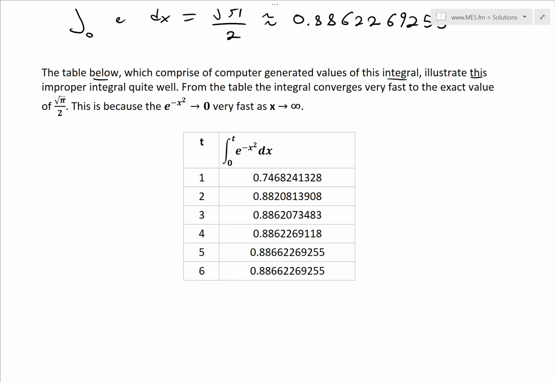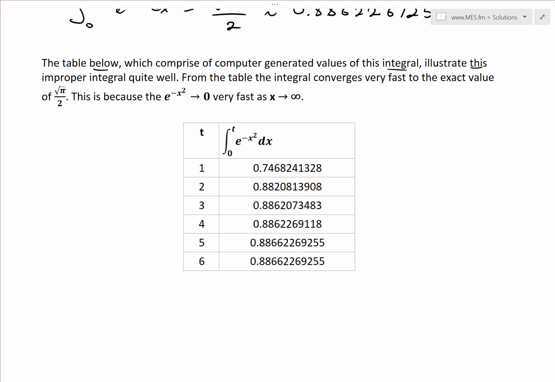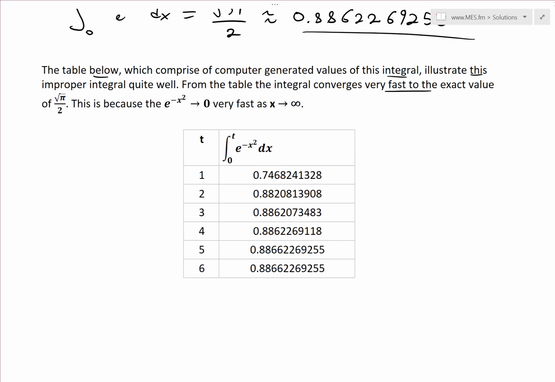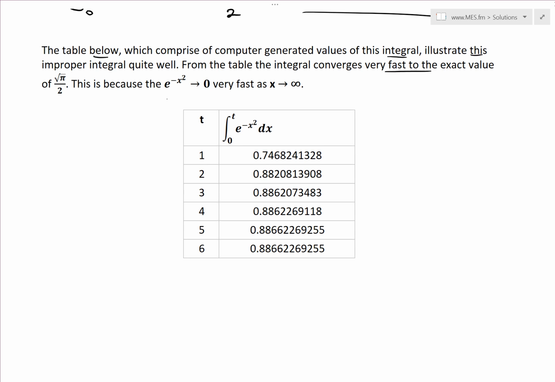So from the table, the integral converges very fast to the exact value of square root pi over 2, which when you plug into your calculator is roughly equal to that. And this is because e to the power of negative x squared approaches 0 very fast as x approaches infinity.